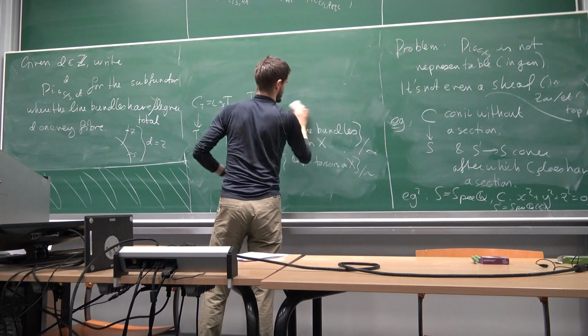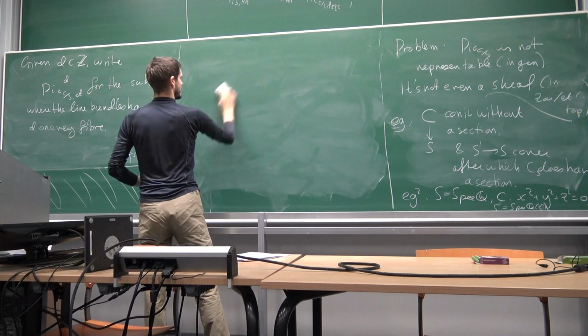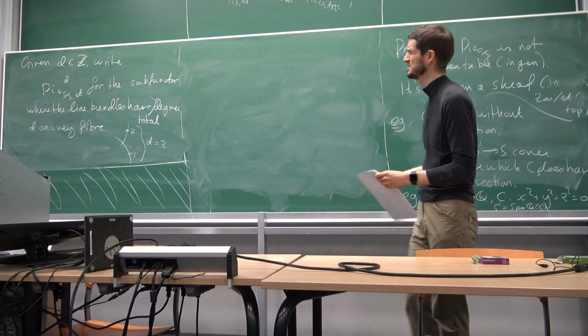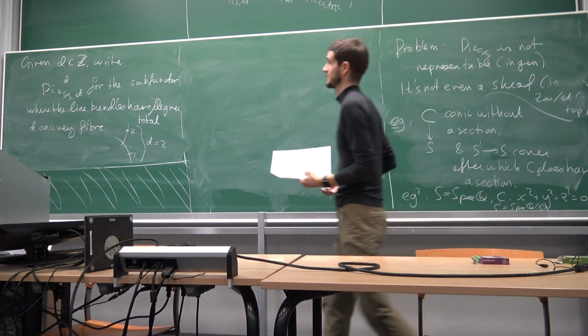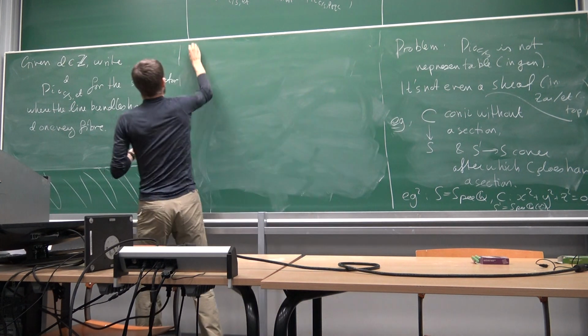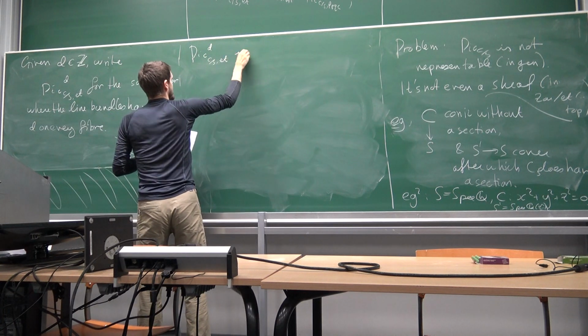You can cut this Picard algebraic space into relative connected components. No, these don't have to be connected, but you can cut it up into pieces. So these are open and closed.